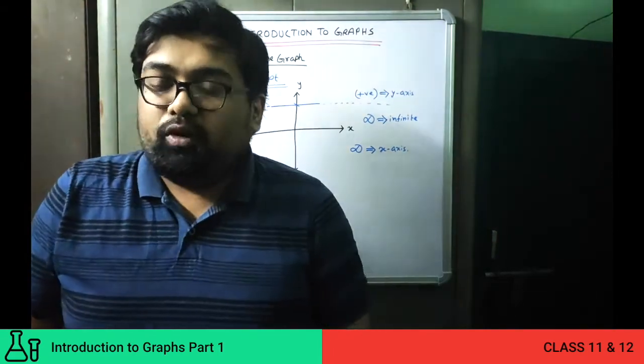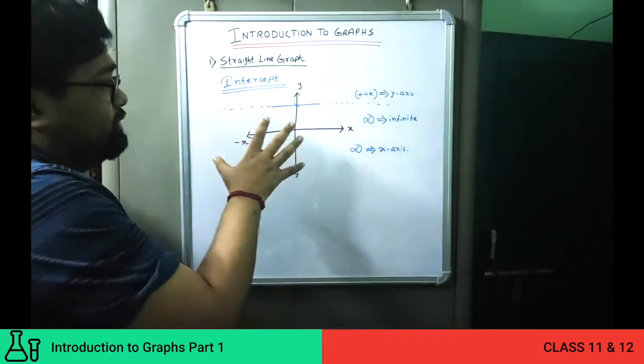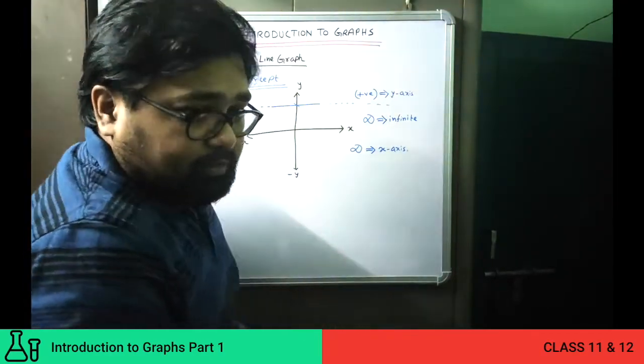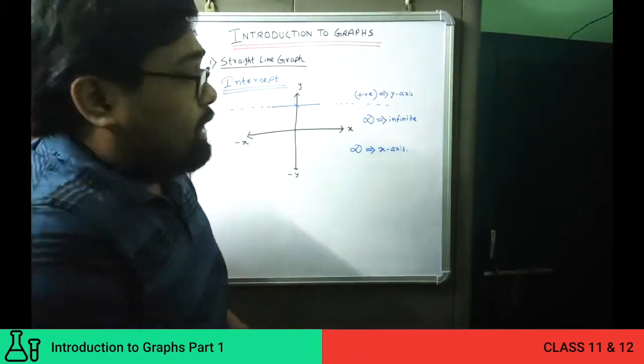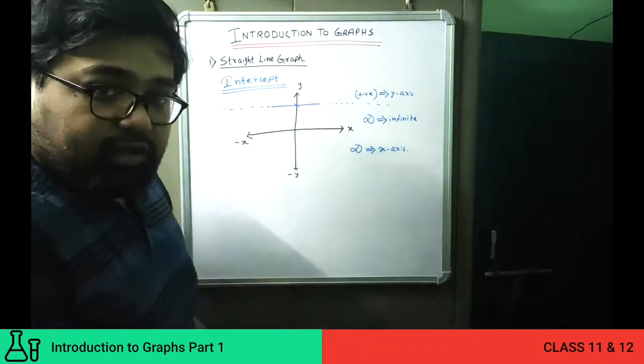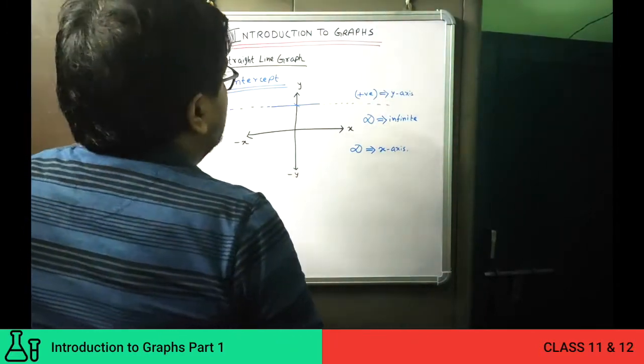Okay, so this was a general concept of intercept. Now we will see what the graph of a straight line actually means, so we are proceeding to the next topic, that is the graph.